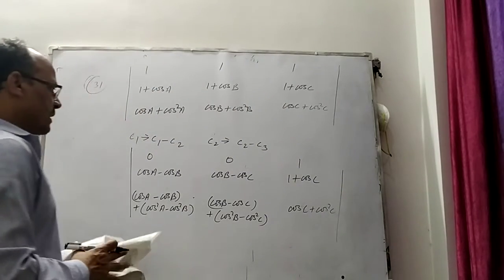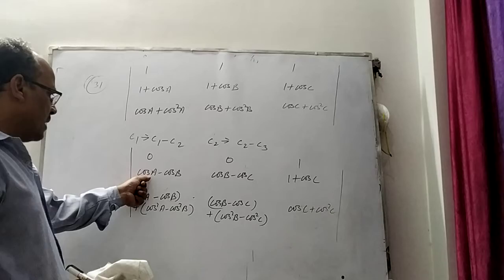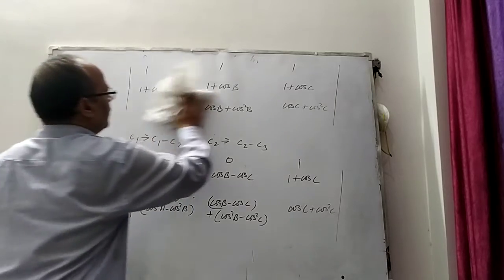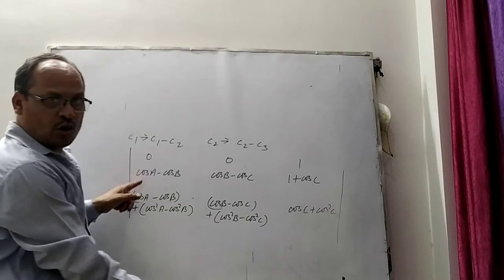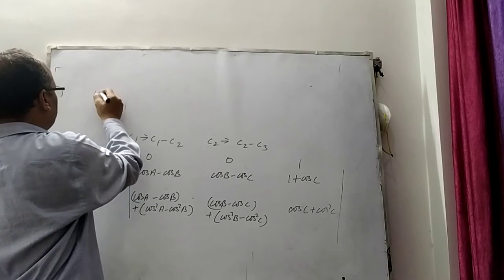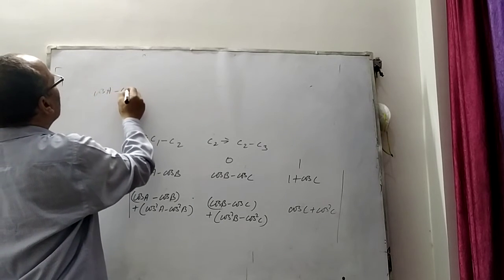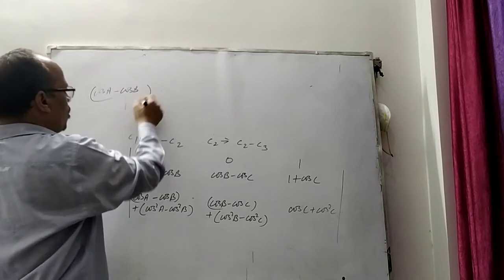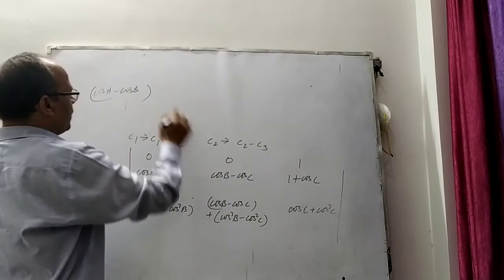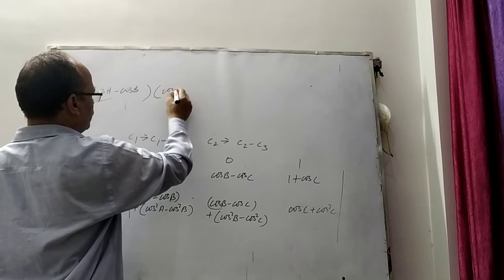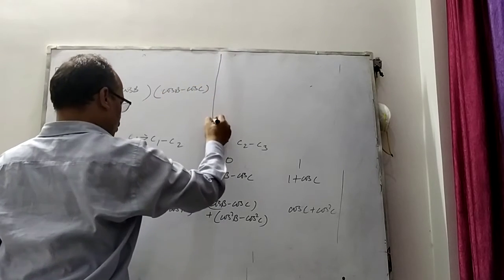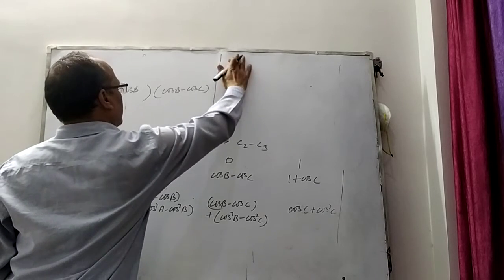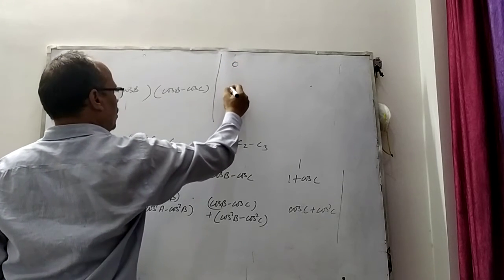What will we do after that? You will take common cos A minus cos B from C1 and cos B minus cos C from C2. What will be here? 0, 1.